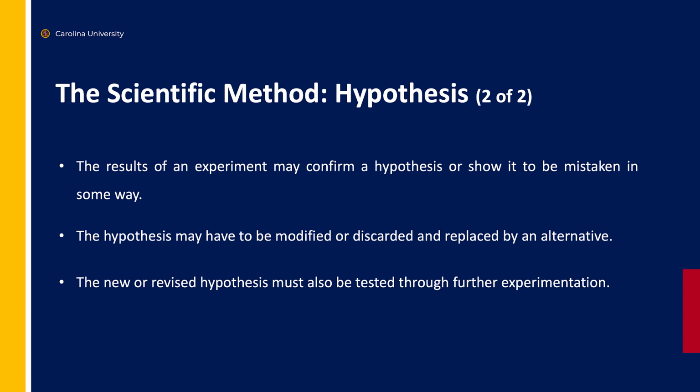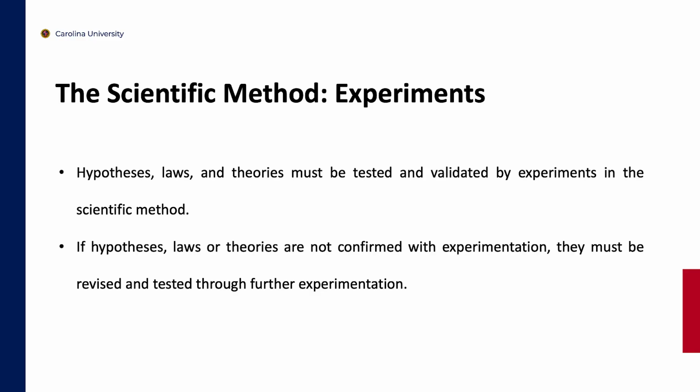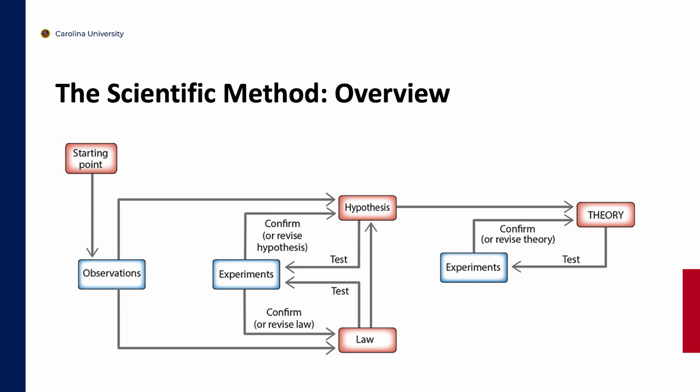Hypotheses, laws, and theories must be tested and validated by experiments in the scientific method. If they are not confirmed through experimentation, they must be revised and tested through further investigation. So this is a general schematic of the scientific method, a logical, organized approach that scientists use to investigate questions, test ideas, and build knowledge.